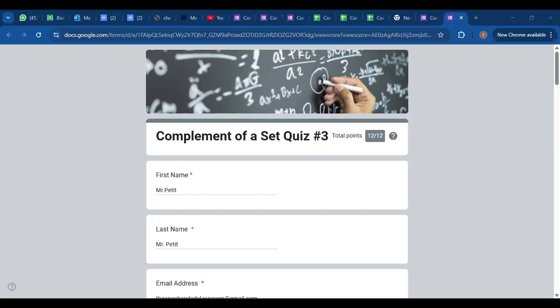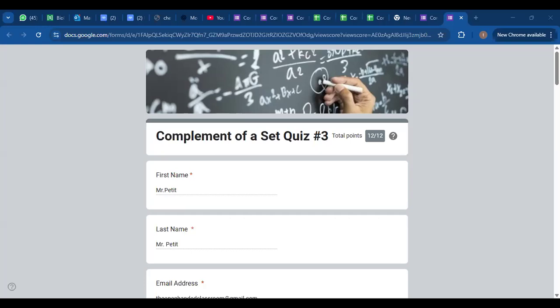Let's do one together. Let me give y'all one more example. We're going to make this one a little more interesting, with a little more stakes. I'll give you the first question, then I want you to put your answers inside the chat.